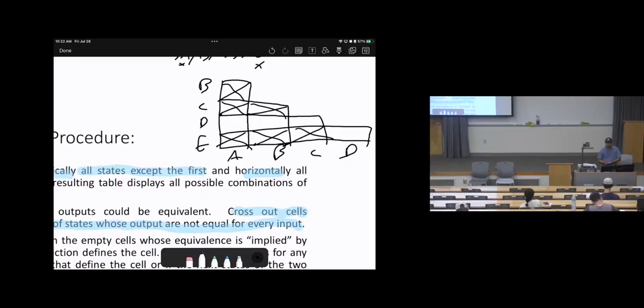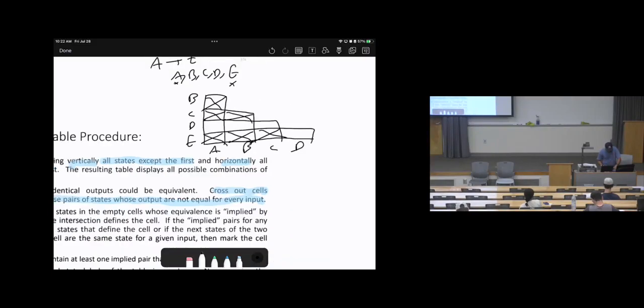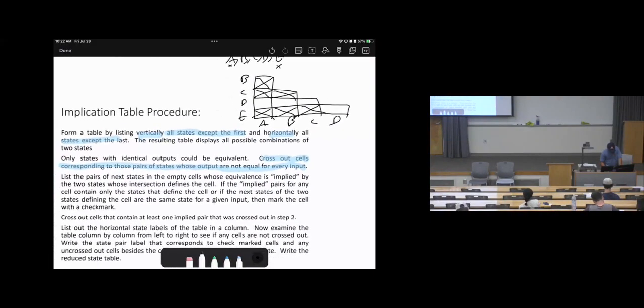The remaining blocks, we can say there is a possibility for these states to be equivalent. Therefore, for the remaining uncrossed blocks, we look at the next states. For the empty cells that are not crossed, we can create something called implied pairs. Basically, we look at these pairs and check the next states for each one. Do those have the same next states? If yes, for all of the inputs, then we put a check mark, which means they are equivalent.